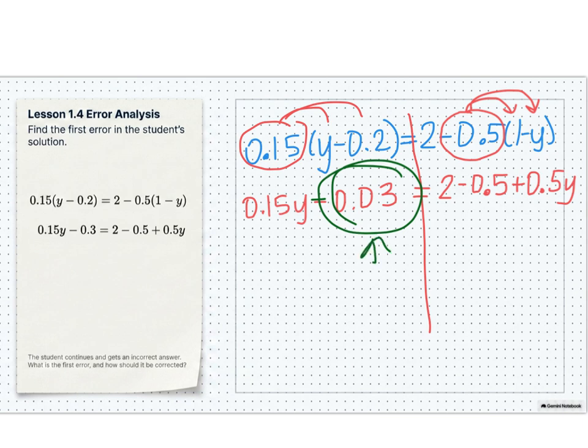It seems to me that in this original problem the student multiplied 0.15 times 2 instead of 0.15 times 0.2. So I would just make sure that when you type stuff into the calculator, you make sure you're putting the decimals in the correct place and that you are counting the correct amount of zeros.